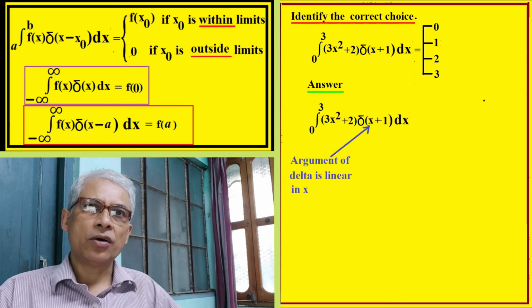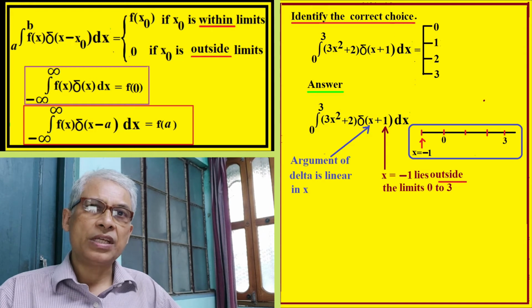The argument of Dirac delta is linear in x, which is the integration variable. The limits within which we have to perform integration is 0 and 3. But the point about which Dirac delta is defined is x equal to minus 1 and we see that it remains outside the limits.